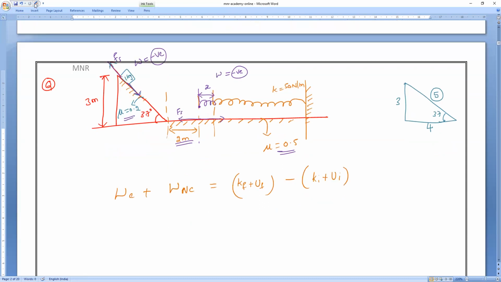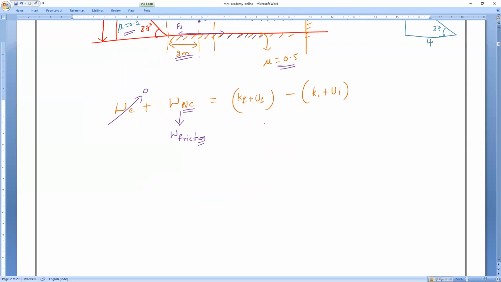As I said, no external force is acting, so the work done by the external force is 0. Now the work done by non-conservative forces means work done by friction. Here there are two types of work done by friction, because friction is exerting on the inclined surface and also on this surface. So is the work done by friction 1 or 2? 2.